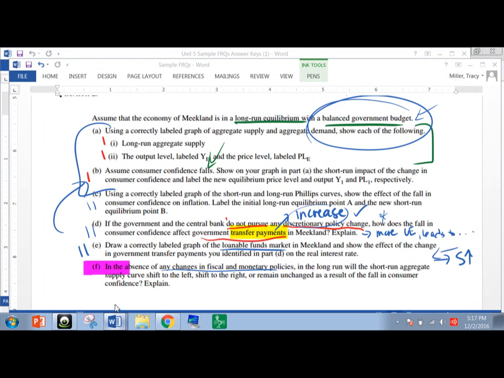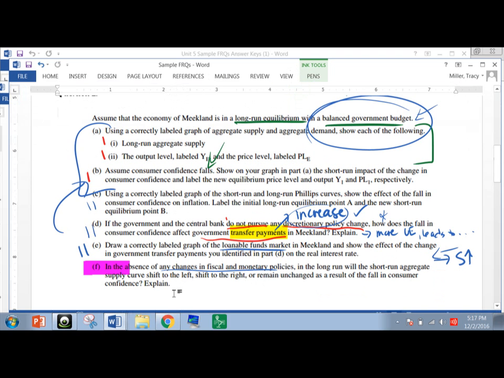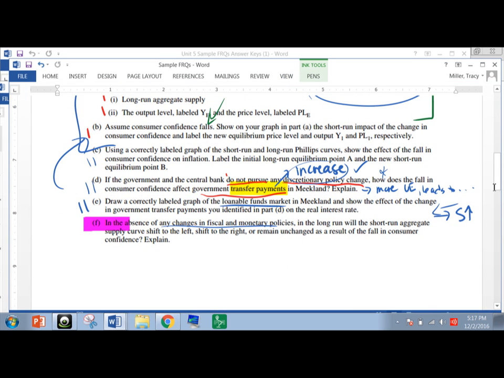So if I go back up to the graph that we made in part A, price level is the key, and so is productivity. Remember, what are the two questions that you ask yourself when you are considering what the short run aggregate supply is going to do when it adjusts to a new long run? You have to ask yourself, what do I know about input prices? We'll put the input prices there in case we don't forget it.